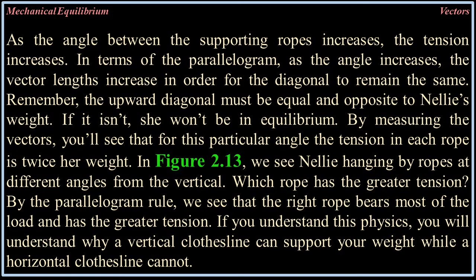By the parallelogram rule, we see that the right rope bears most of the load and has the greater tension. If you understand this physics, you will understand why a vertical clothesline can support your weight while a horizontal clothesline cannot.